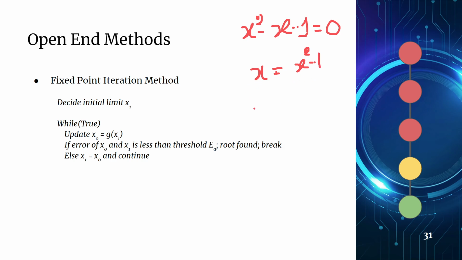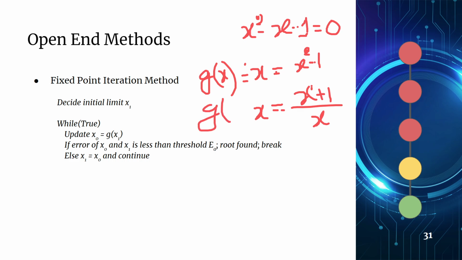Or you can also write it like x equals 1 plus 1 by x. Functions like this will be given the name g of x. We will call them g of x for fixed point iteration.